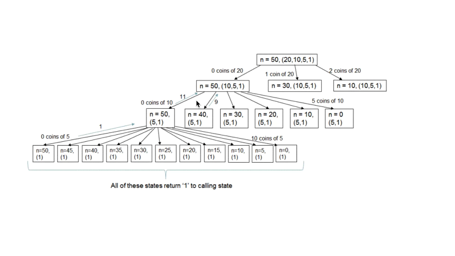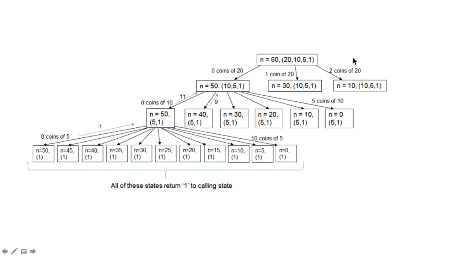If we see over here, n equals 0, coins of 5, n equals 50, n equals 40, not in this but in the previous version, we are going to have so many redundant calls.